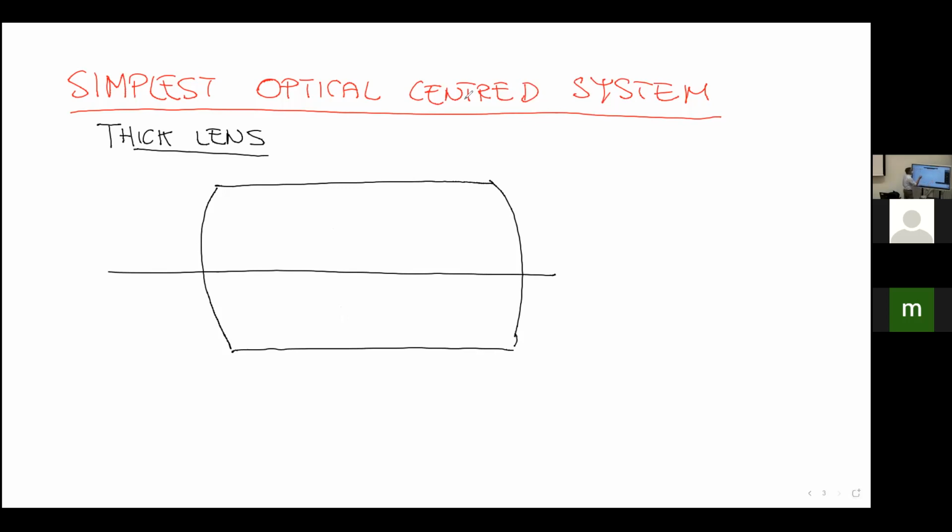Two surfaces, and say they have a radius of curvature R1 and a radius of curvature R2 that are separating two different media. Okay?